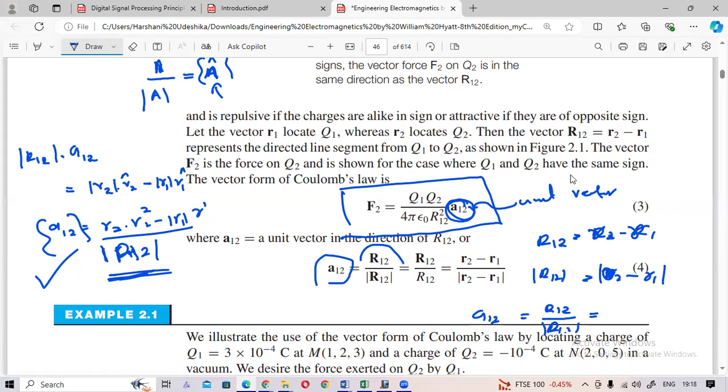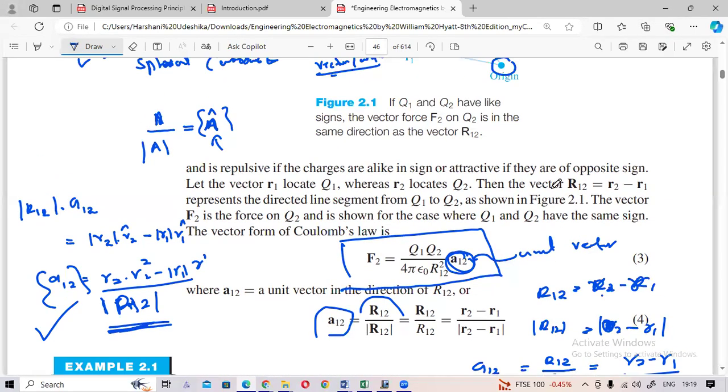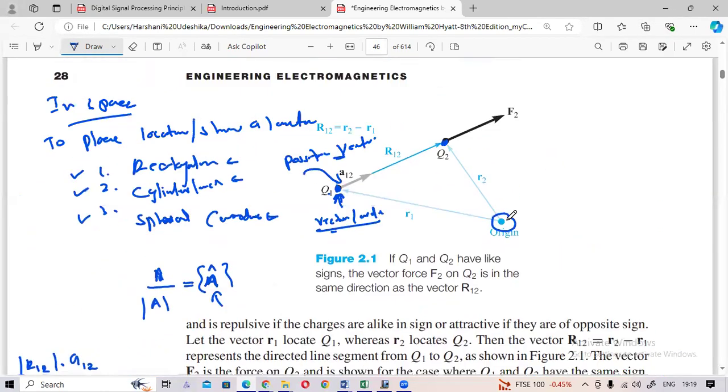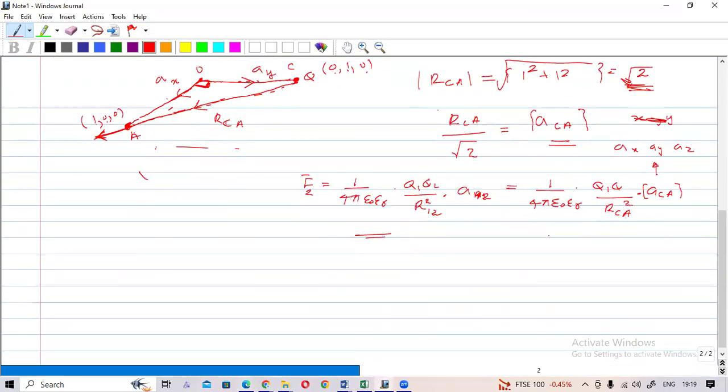So R12 is equal to R2 minus R1 divided by R12 magnitude, so that means divided by the magnitude of R2 minus R1. So the same concept is there. If you can remember the vector addition rule, you can get it. In the same manner, here also you can get that value.